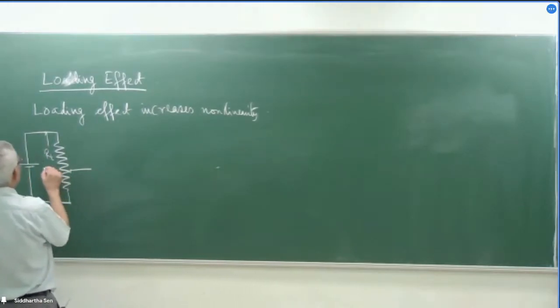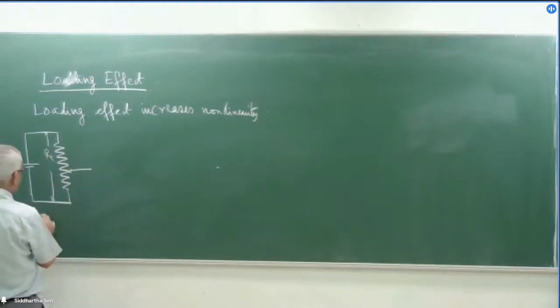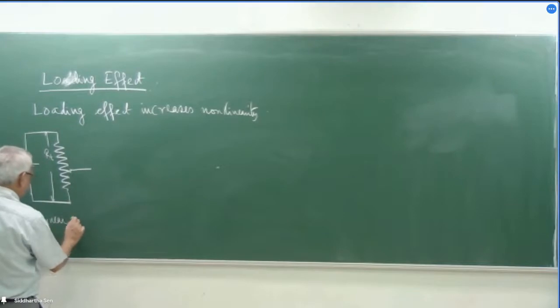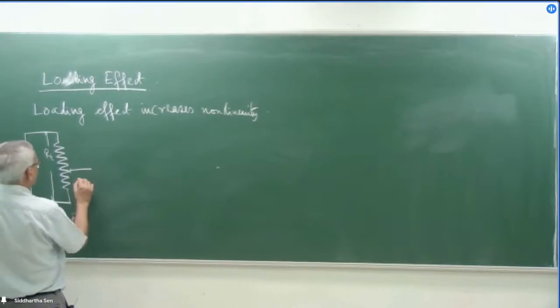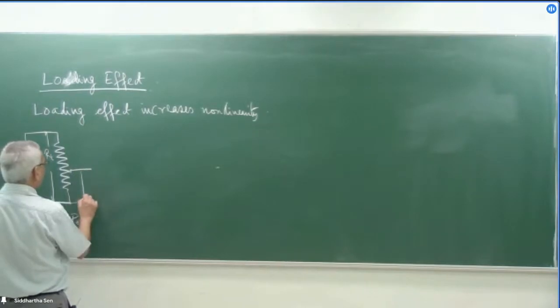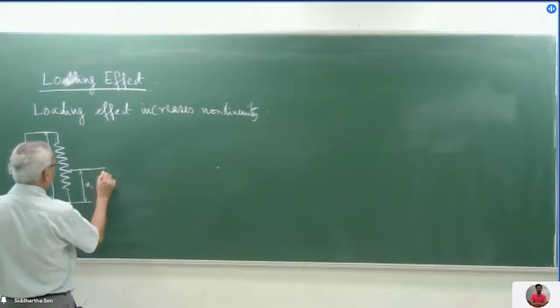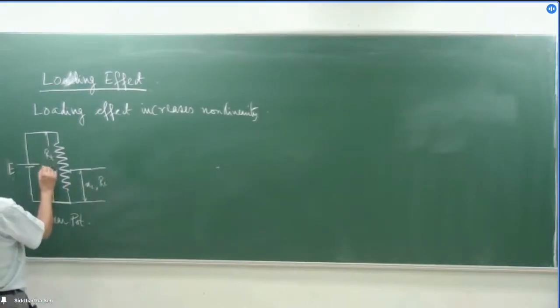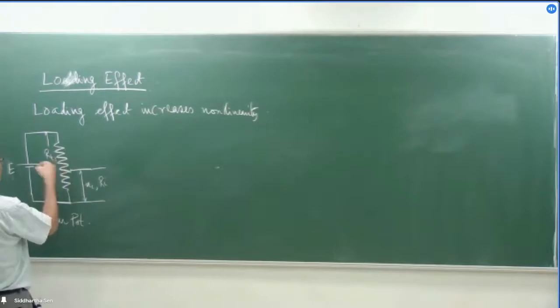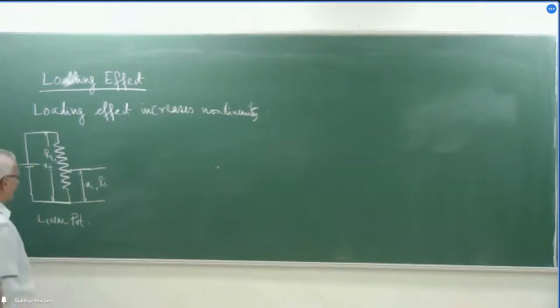Suppose it is a linear potentiometer. The distance traveled is, say, xi, and the resistance is Ri, and here the total distance is xt.